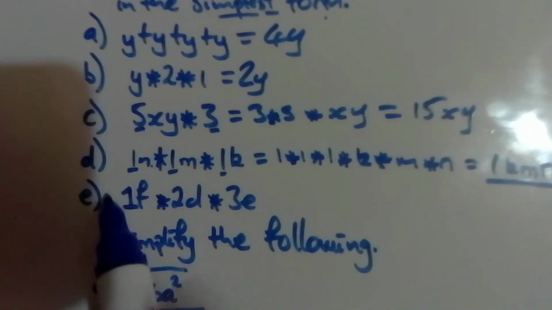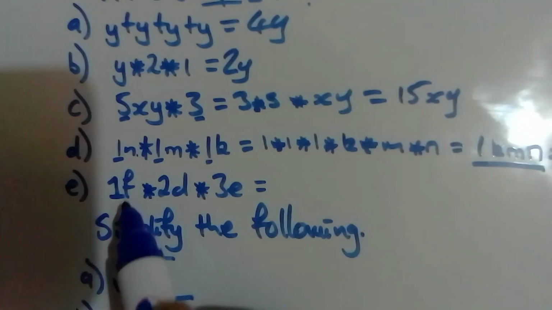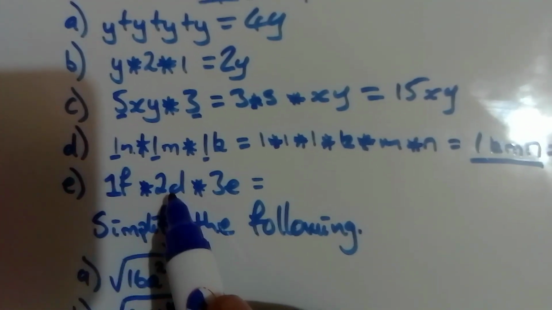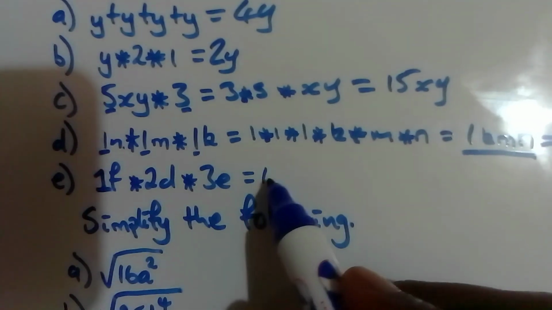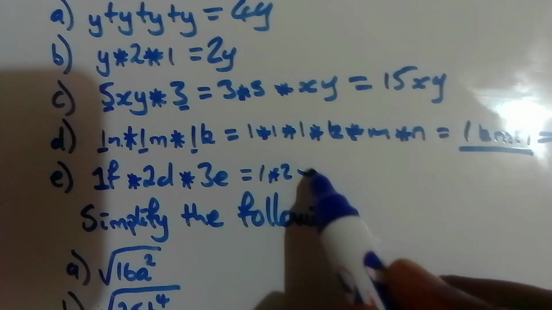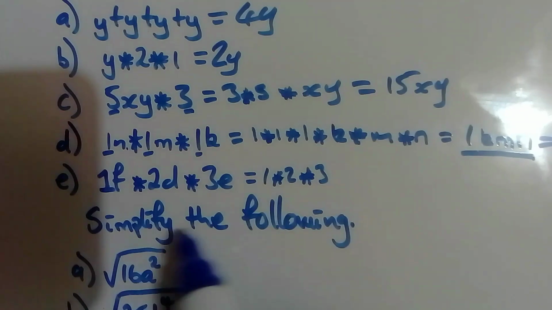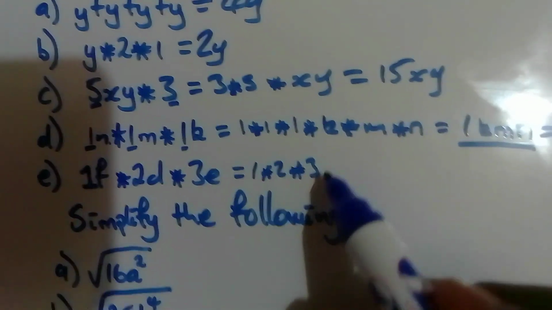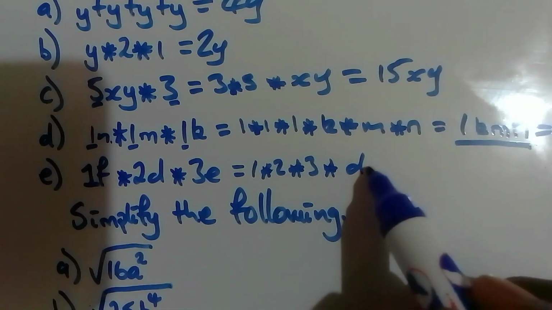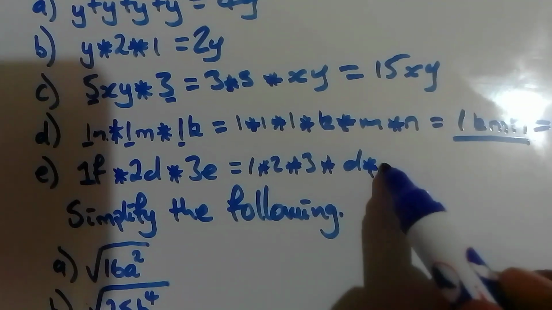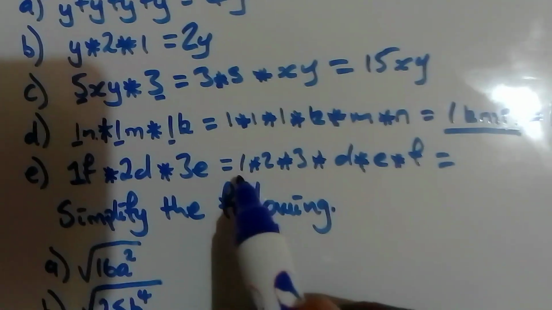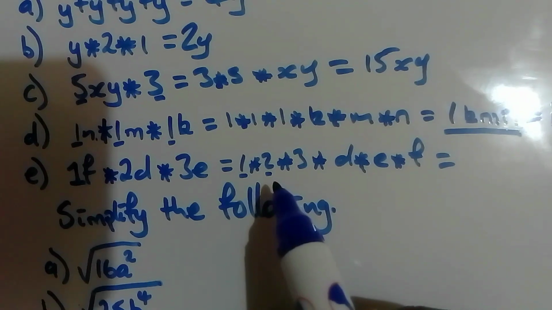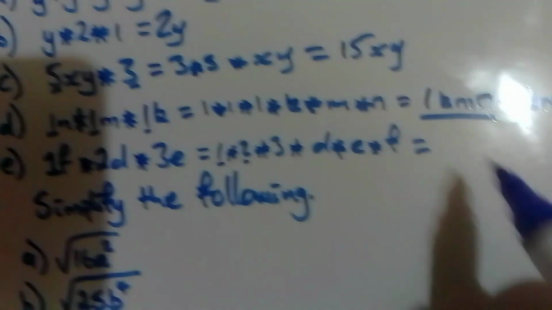So the final answer is actually kmn, even though most teachers nowadays accept such an answer. All right, we go to letter E. We've got 1f, 2d, and 3e. So we're going to take 1 multiplied by 2 multiplied by 3. Then we go to letter D, multiplied by letter E, and then multiplied by letter F. So I start multiplying the numbers. 1 multiplied by 2 is equal to 2. 2 multiplied by 3 is equal to 6.